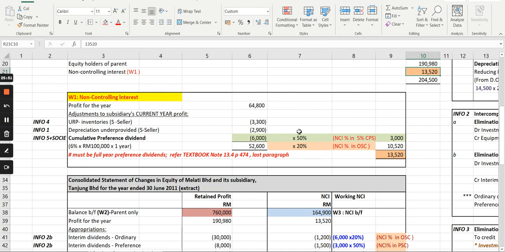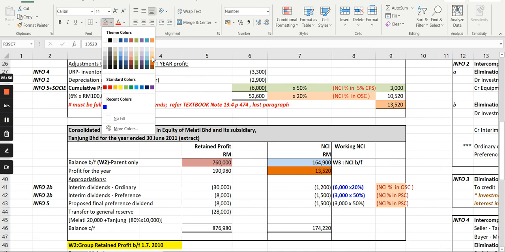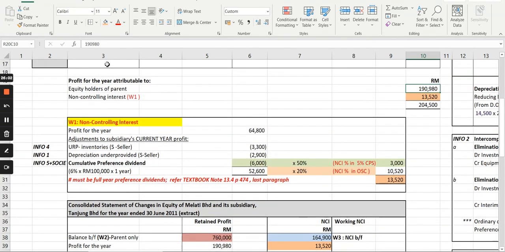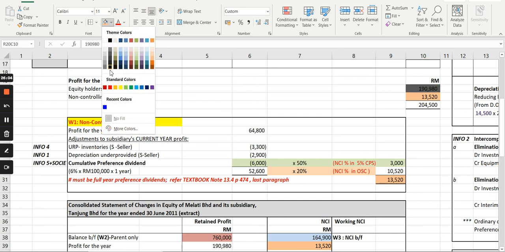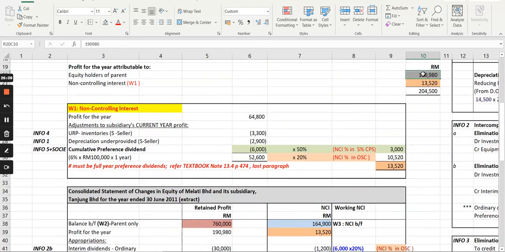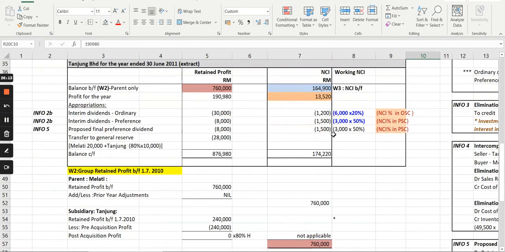This is going to be 13,520, and it is taken from here. 190,980 is this figure that were the difference between the total and the one belonging to the non-controlling interest, and this one as well. Okay, now we go to appropriation, information number 2B.